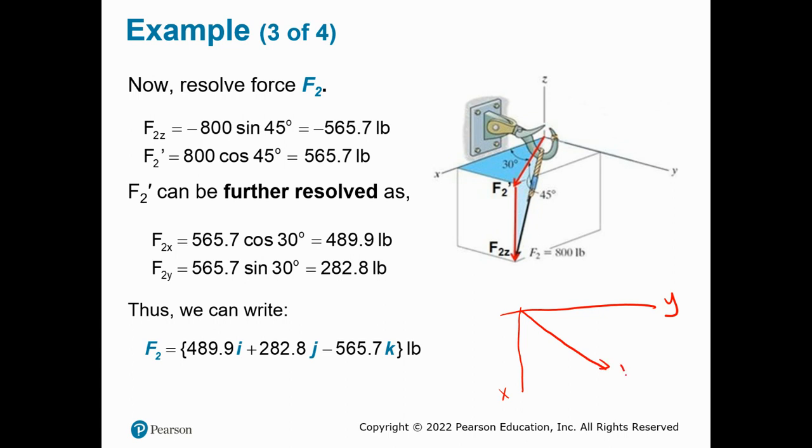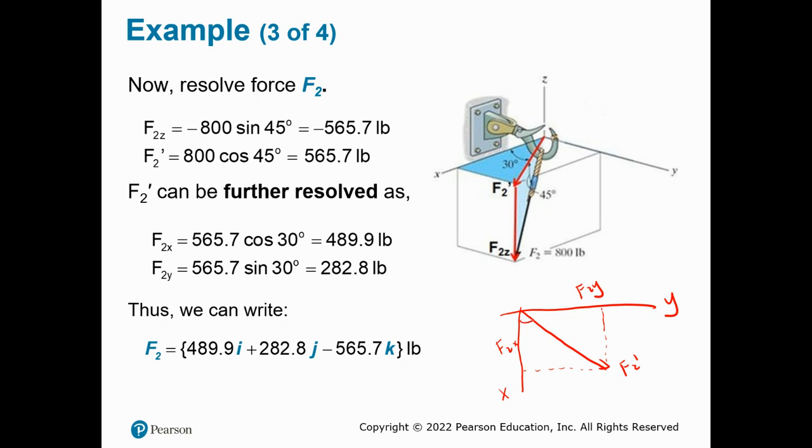I'm breaking down that F2 prime into F2x. Well, I could skip the prime, sorry. So F2x is just x. But if you want to keep that prime there, it's cool. F2x and then F2y. So overall, using the sine and the cosine, the 30 degrees is in between F2 prime and the x.